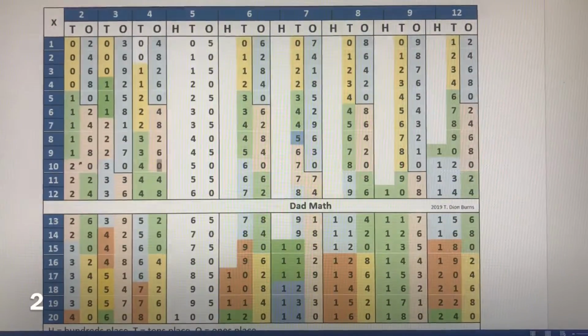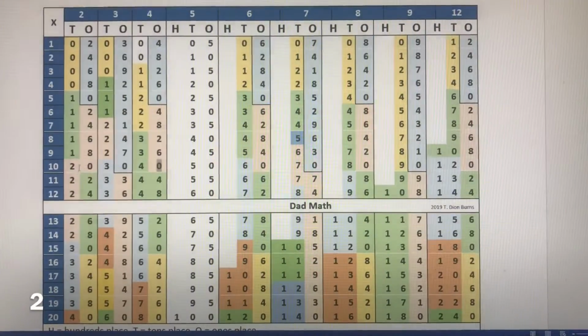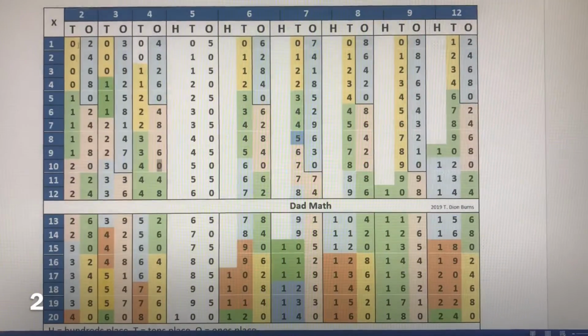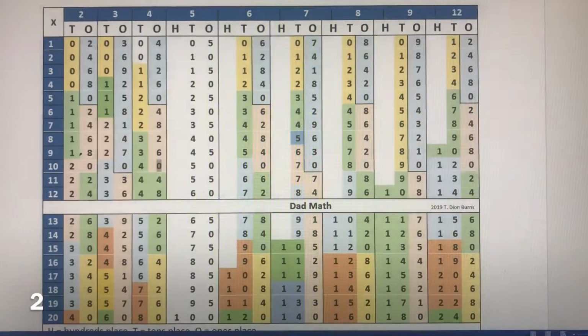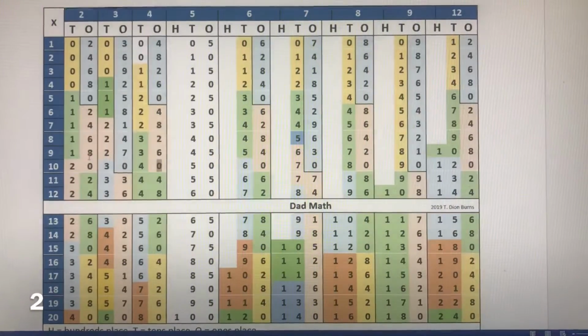Now, it can't be 10, so the next answer has to be 20 because we're still going up. Okay? So, if I ask you 2 times 9 and you say 18, then 2 times 10 has to go up. It ends in 0, and it can't be another 1, so it has to be a 2. 20.